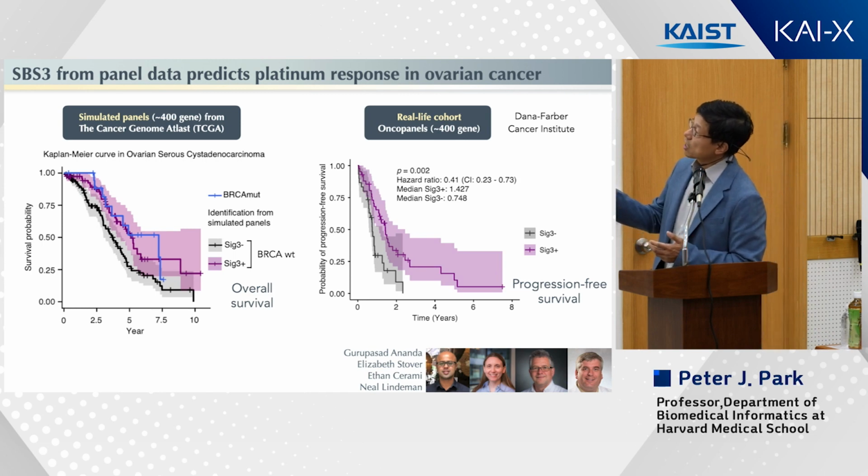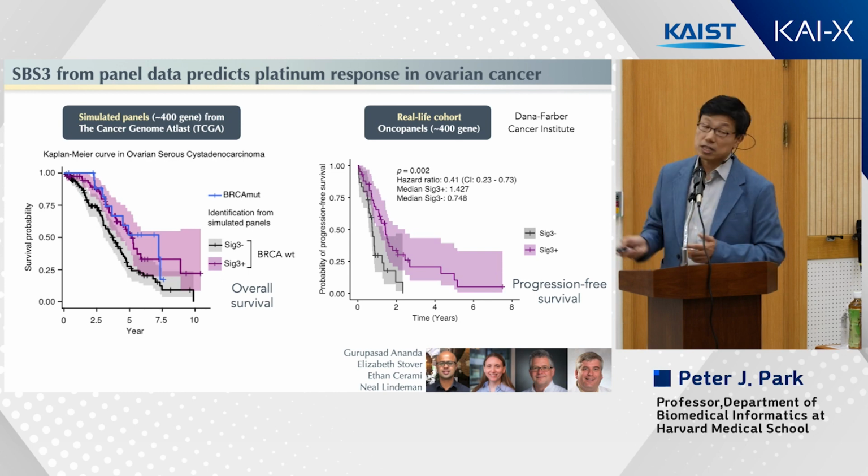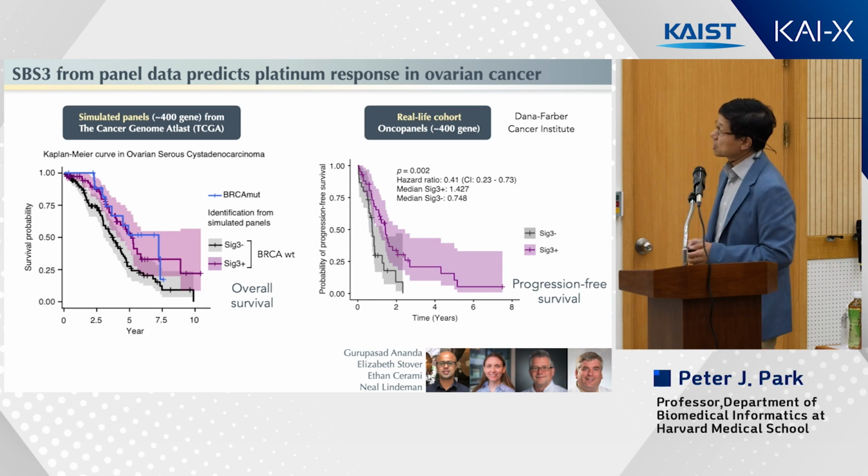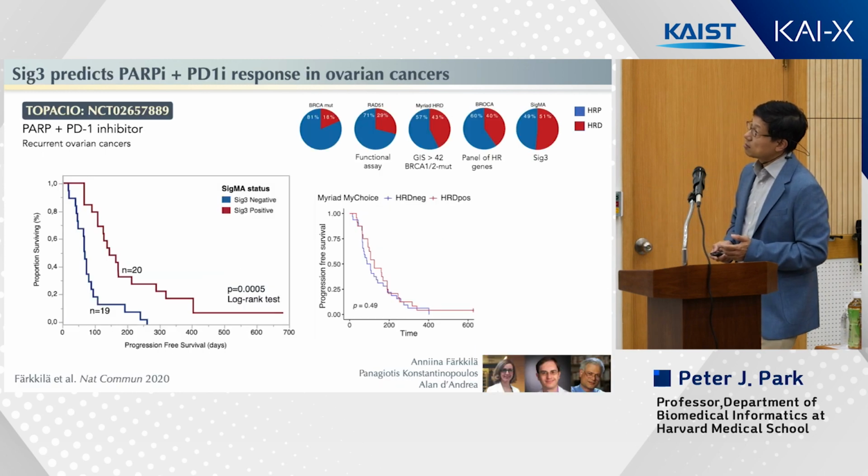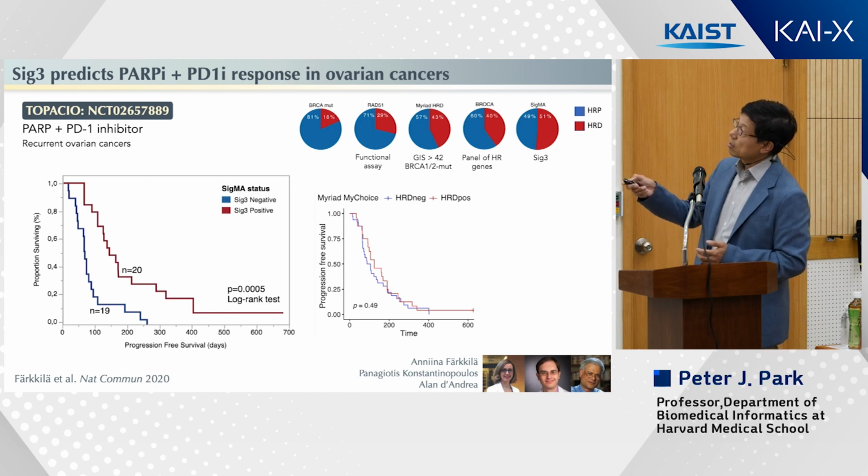We can, for instance, look at signature 3 cases that are BRCA negative, and then compare with the BRCA mutant cases, and they behave about the same. And we have data from clinical trials where signature 3 positive and negative groups have different survival.